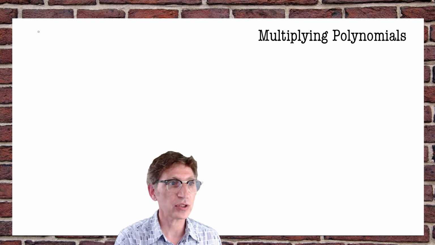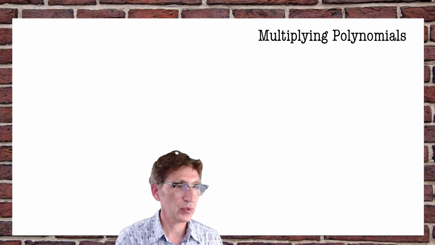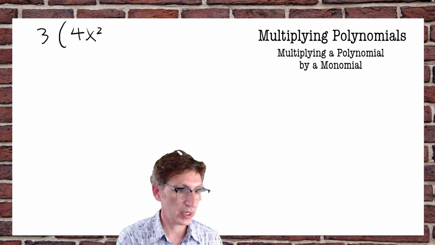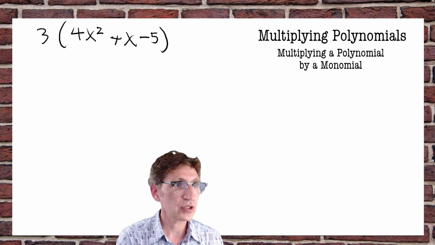So a fairly simple example would be something like 3 times 4x squared plus x minus 5. This is just an extension of the distributive property. We're going to use the 3 outside the parentheses and multiply it by each of the terms inside the parentheses.